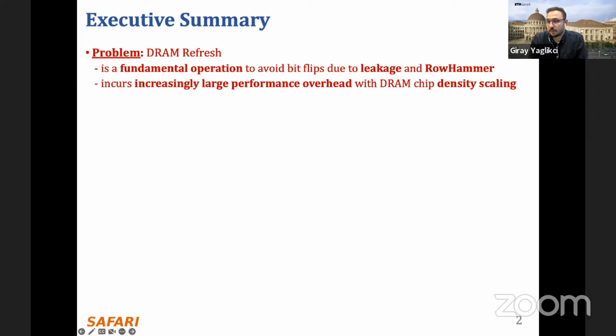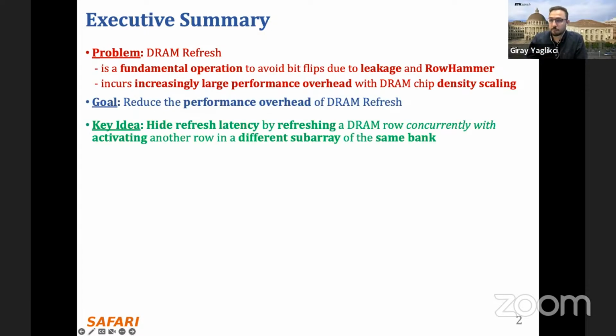DRAM refresh is a fundamental operation in current main memories, and it is there to avoid bit flips that can happen due to charge leakage. As DRAM technology density scaling goes on, we observe that the performance overhead of DRAM refresh increases significantly. So in this paper, our goal is to reduce the performance overhead of DRAM refresh in future DRAM chips.